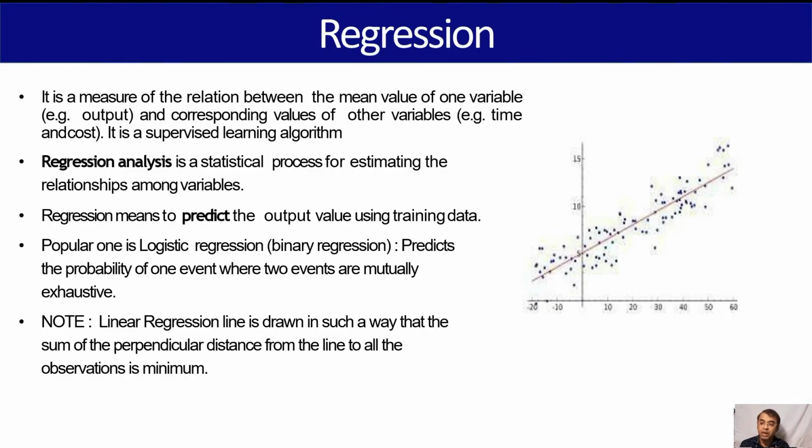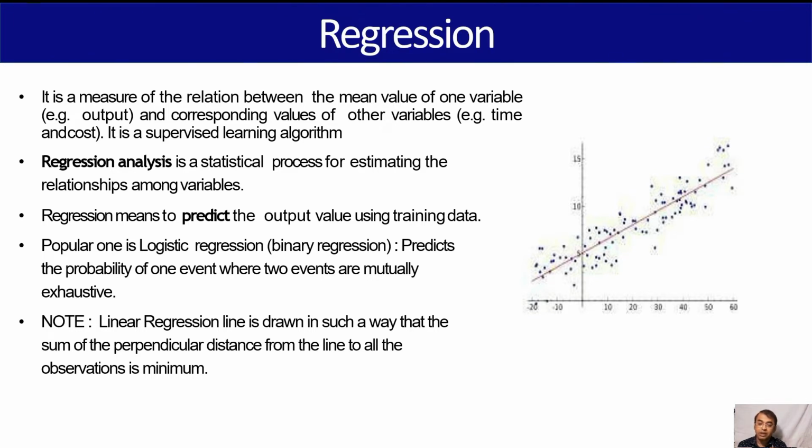Now come to the regression. It is a measure of the relation between the mean value of one variable, that is the output, and corresponding values of other variables. For example, time. It is a supervised learning algorithm. Guys, you can see the mean from the picture. There are many points, but the straight line is basically the mean.